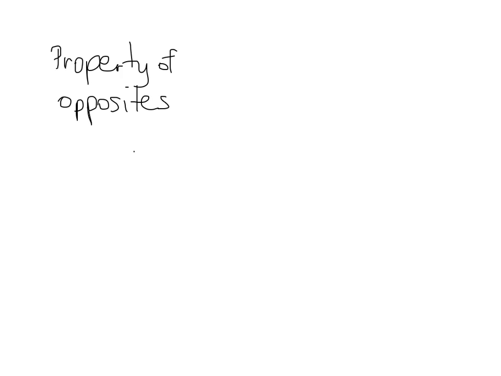All right, so we're almost to the end of these properties, just a few more. So I wanted to talk about the property of opposites, and it's exactly what it sounds like. So let's say we have a number 5, and we add a number -5.